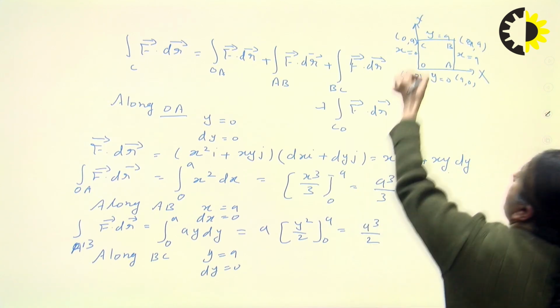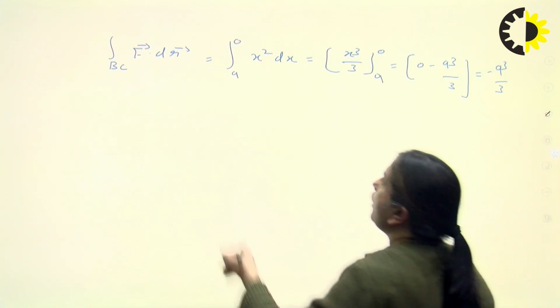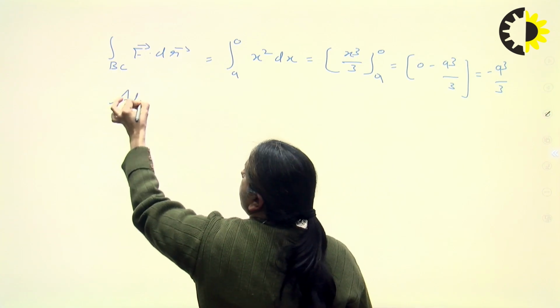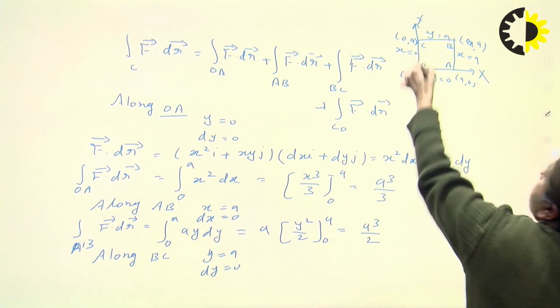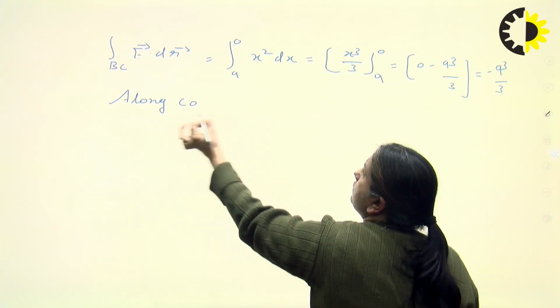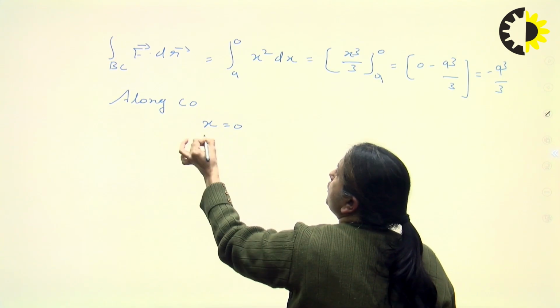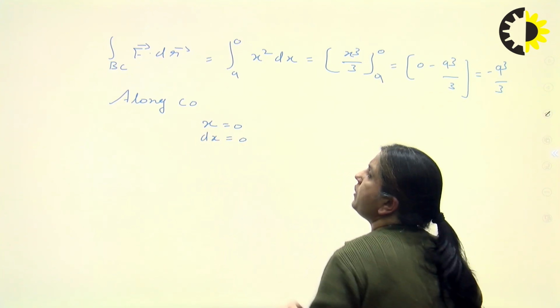Again, the last line CO. Along CO, the equation of the line CO is x equal to 0. That means dx will be 0.